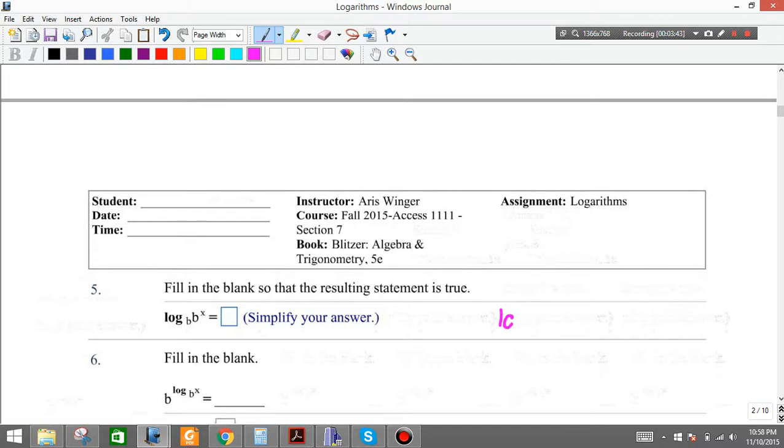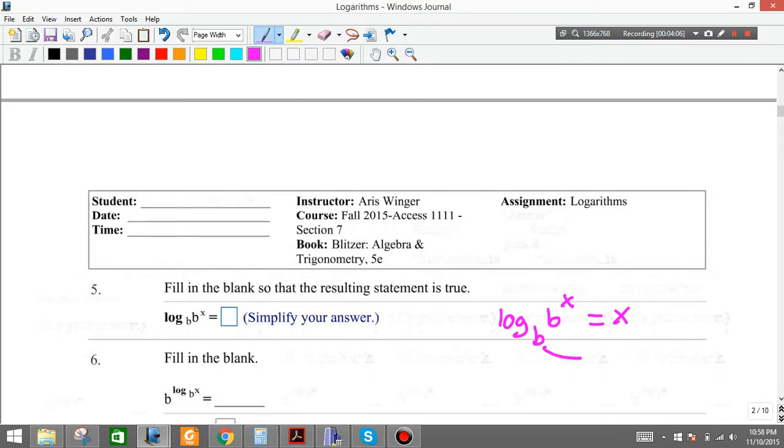I ask, well, what's log base b of b to the x? We could say this in a number of ways. First of all, I mentioned that log base b and b to the x are inverses, so these should just cancel, and you're left with x. Another way to think about it is: what power do I raise b to in order to get b to the x? That power is x.